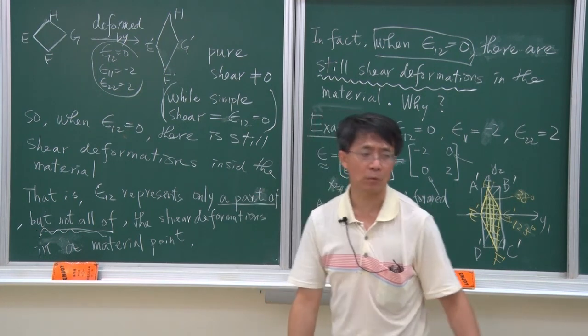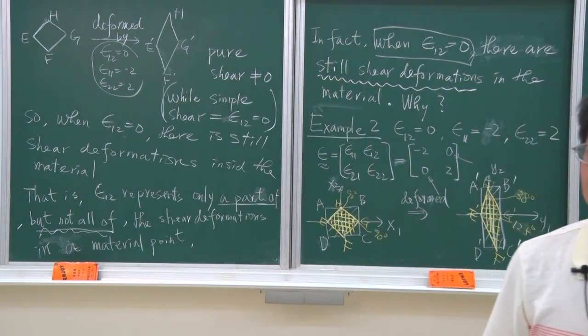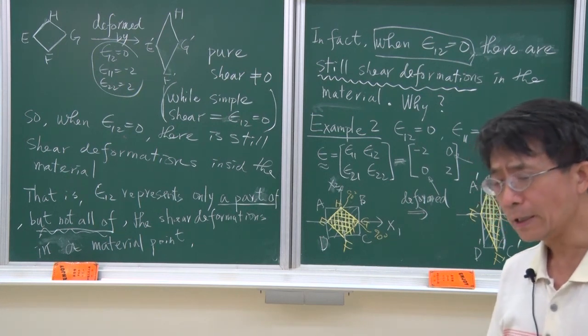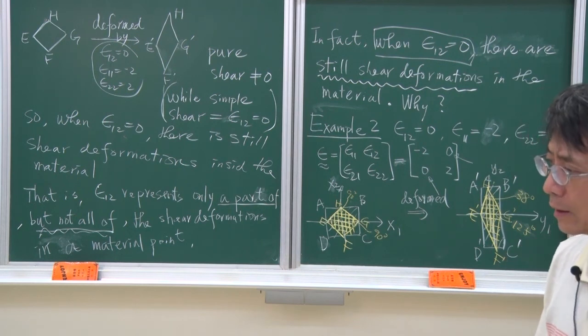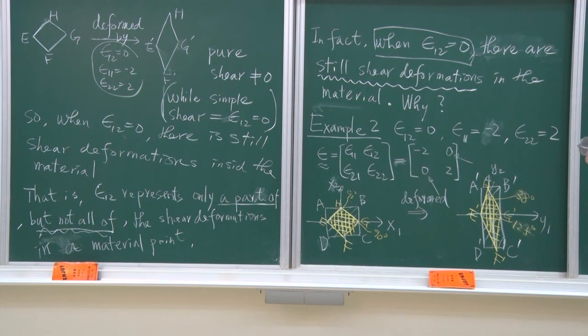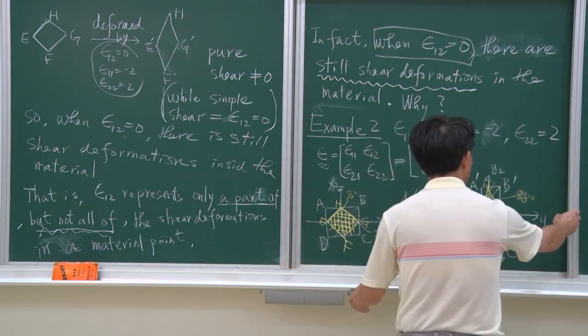That is, ε12 represents only a part of the shear deformation, but not all of it. So when ε12 equals 0, you cannot say that there's no shear deformation in the material point. So obviously, calling ε12 a shear strain is inappropriate.